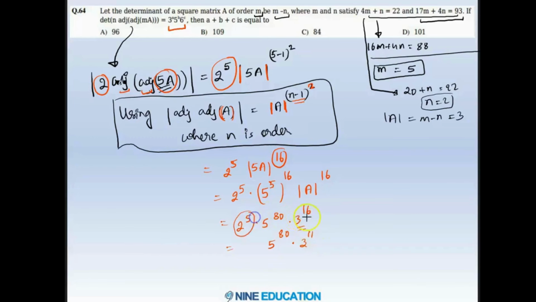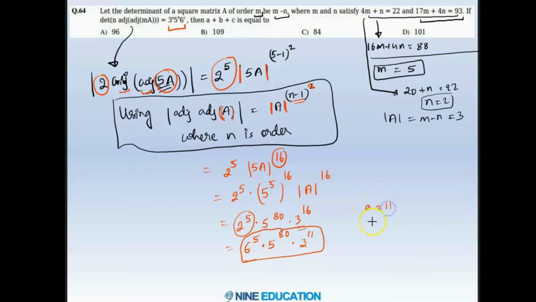So 2 power 5 and 3 power 5 together I can write as 6 power 5. So I'm left with 6 power 5, 5 power 80 and 3 power 11. So 3 power is a, so a value is 11. 5 power is b, then b value is 80, and 6 power is c, so c value is 5. So a plus b plus c is nothing but 96, which is option number A.